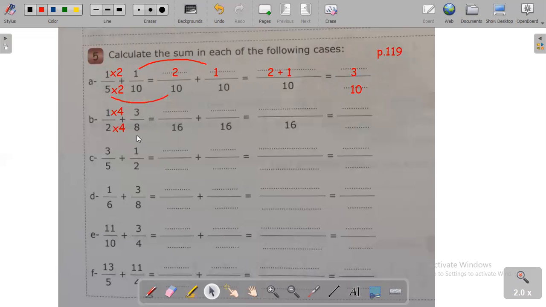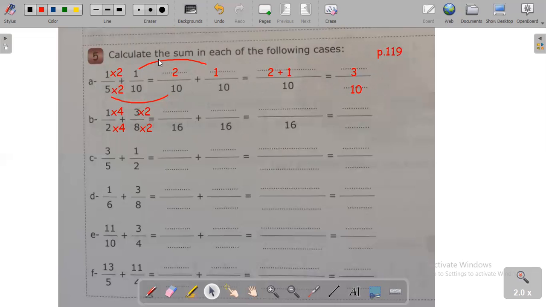Now we multiply 3/8 by what to get a denominator of 16? 8 times 2 equals 16. So we multiply this fraction 3/8 by 2, and we multiply the numerator and the denominator by 2.